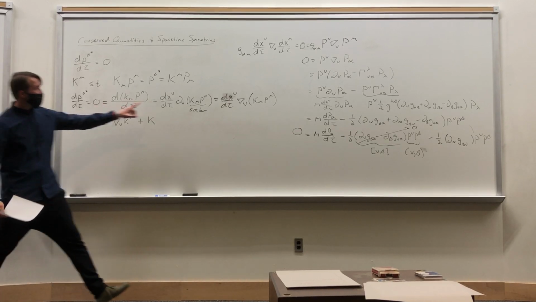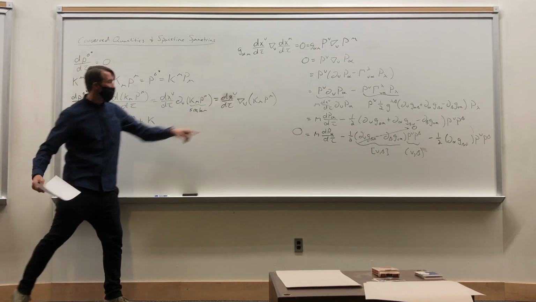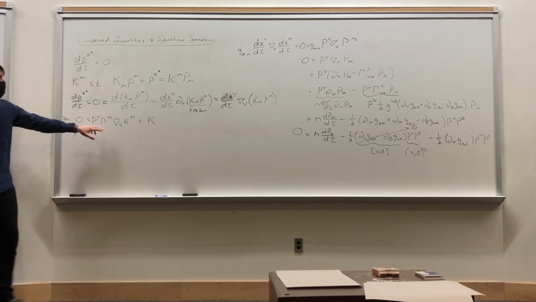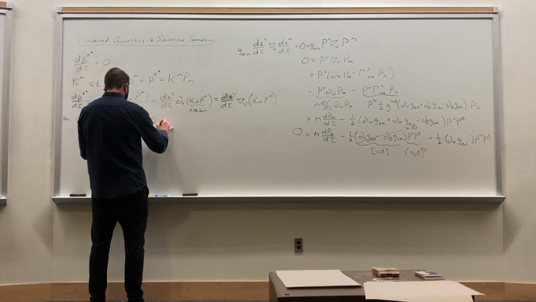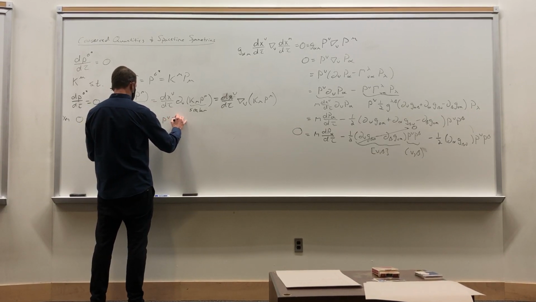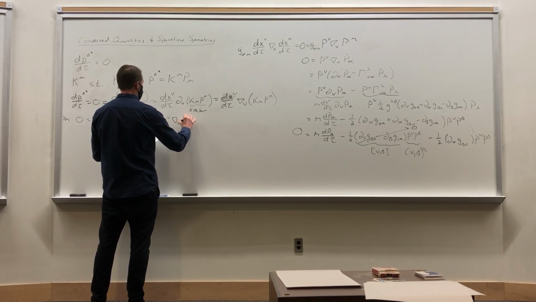Again, the mass factor is combining with this to give me a p^ν. Okay, and then we have the other term from the product rule, k_μ p^ν ∇_ν p^μ.